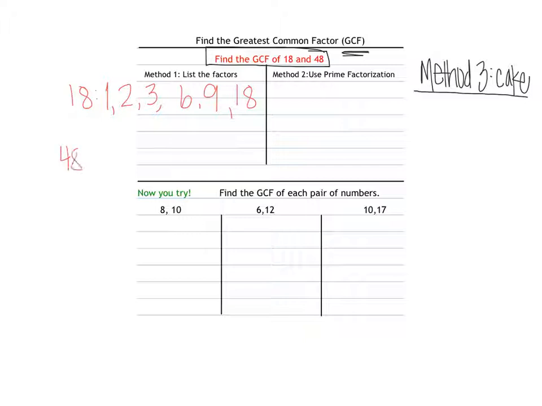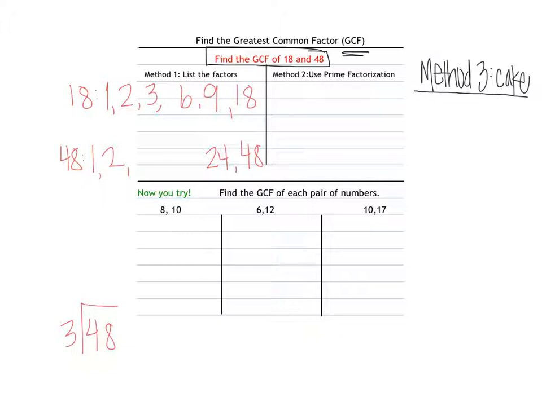For 48, I know that 1 and 48 are factors. It's even, so I know that 2 and 24 are factors. Can 48 be divided by 3?